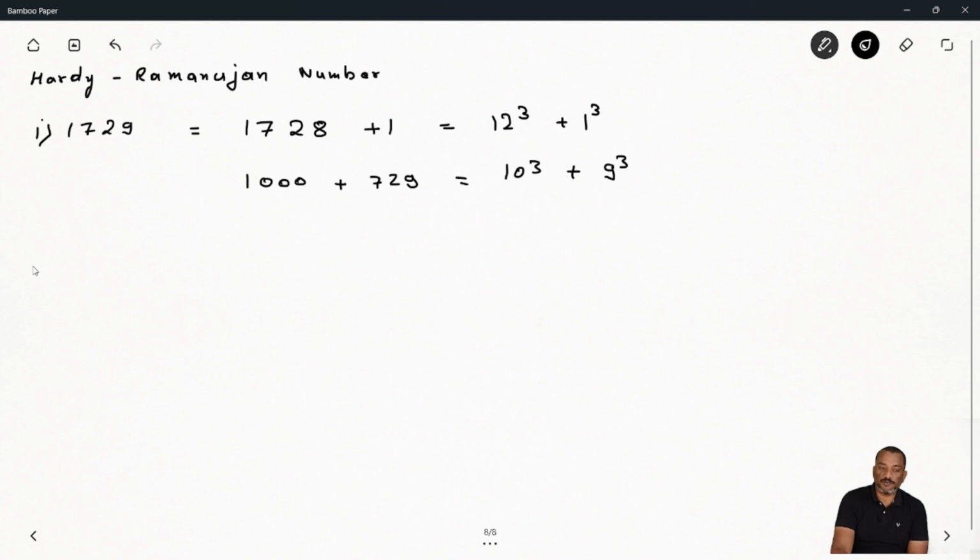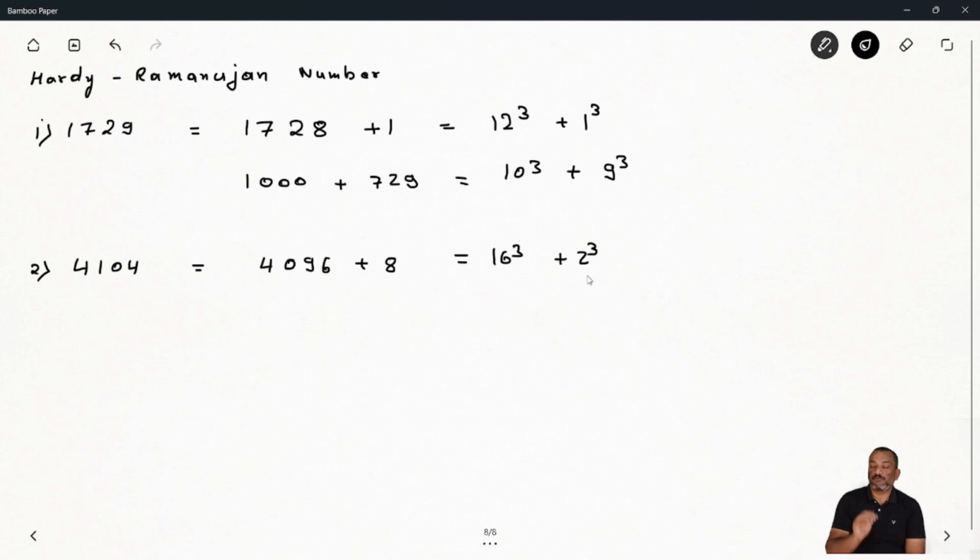Okay, let's try another number: 4104. We can express it in two ways again. Here, 4096 plus 8. 4096 is the perfect cube of 16, and 8 is the perfect cube of 2.